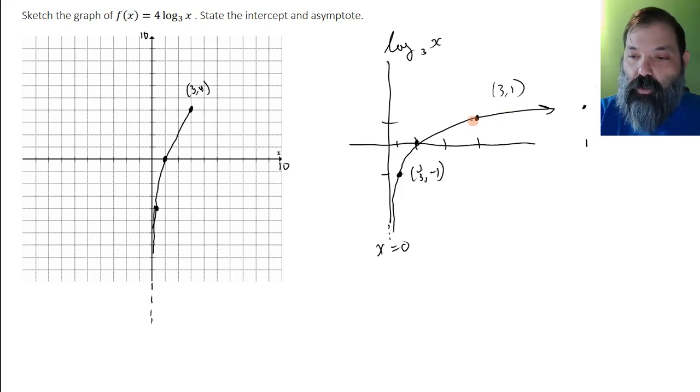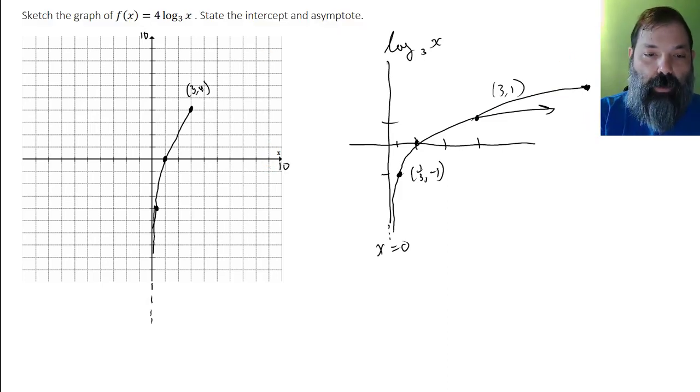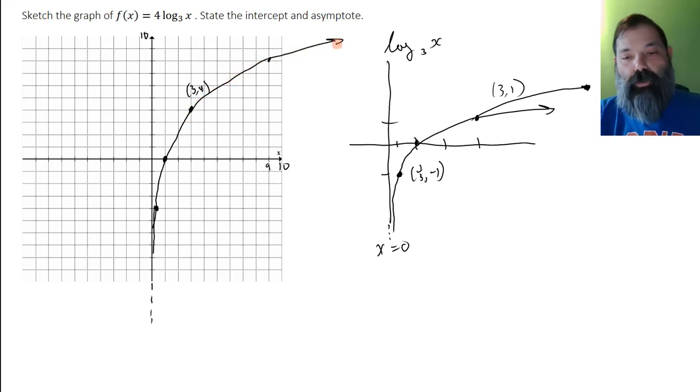Right, so the next nice point on the curve is (9, 2). And so now on this curve I would have the point (9, 8). And so there's the sketch of the curve f of x equals 4 log base 3 of x.